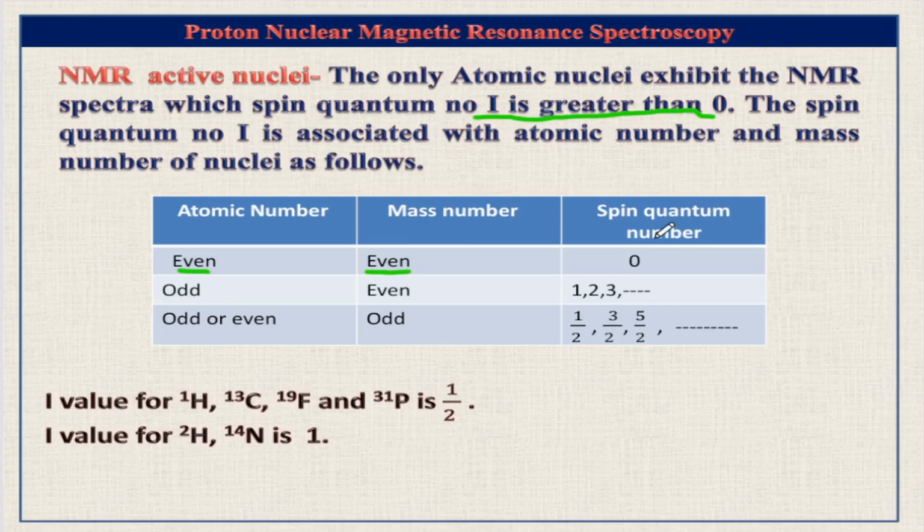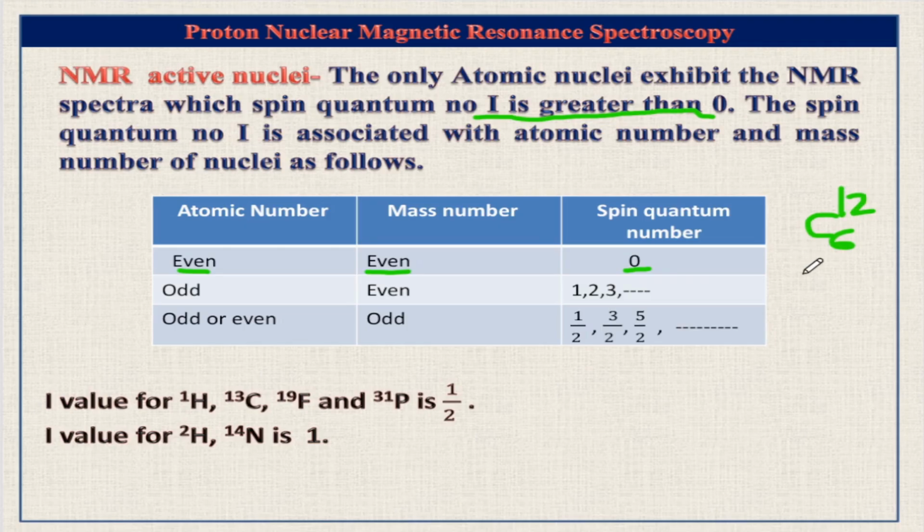The atomic nuclei whose atomic number and mass number are both even have nuclear spin quantum number 0. If we take an example, carbon 12, here the carbon atomic number is 6 and mass number is 12.